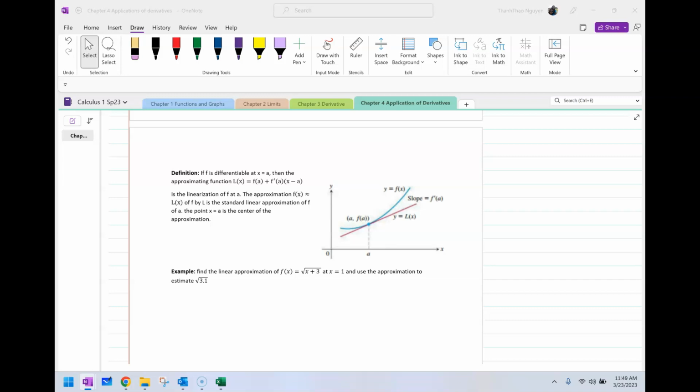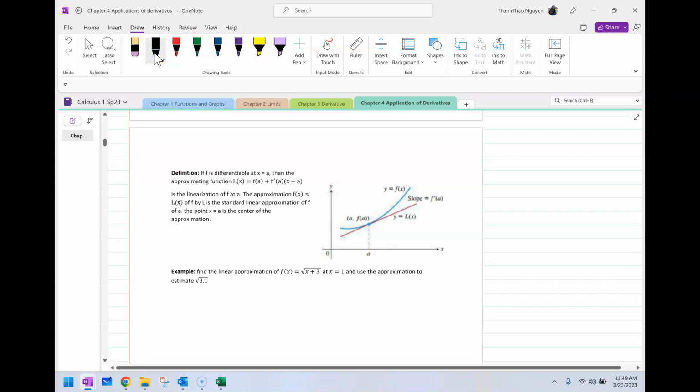Let's take a look at the first example. We want to find the linear approximation of f of x equal to the square root of x plus 3 at x equals 1, and then use the approximation to estimate the square root of 3.1. First we will find the linear approximation.